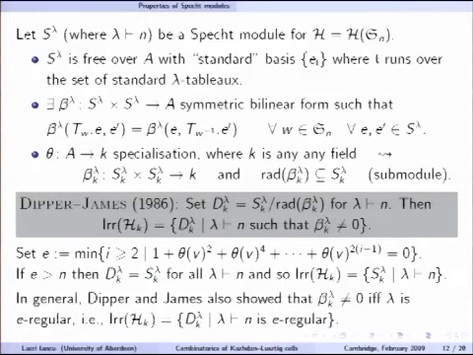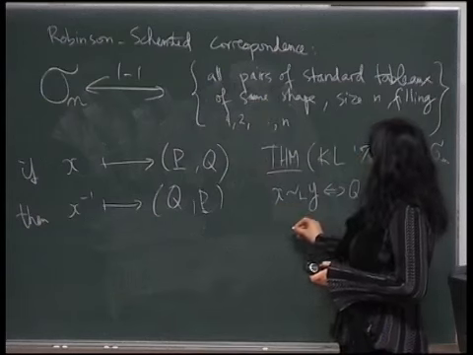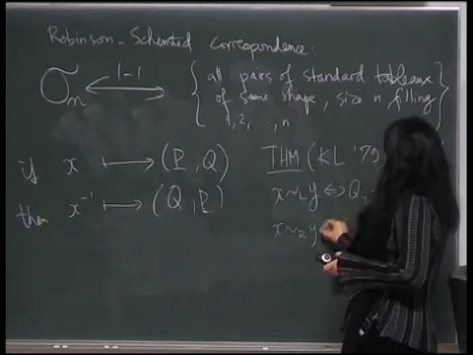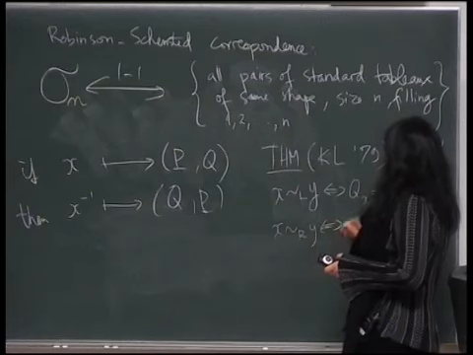So this is the situation in type A. I should probably say that, of course, by what we have seen before on cells, this also gives you something on the right cells.